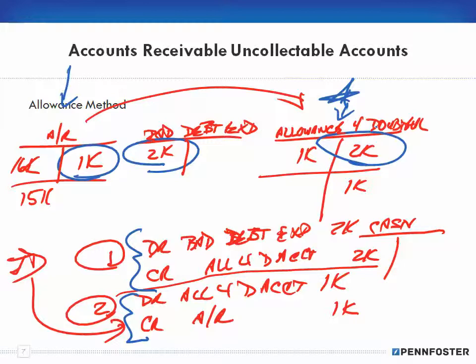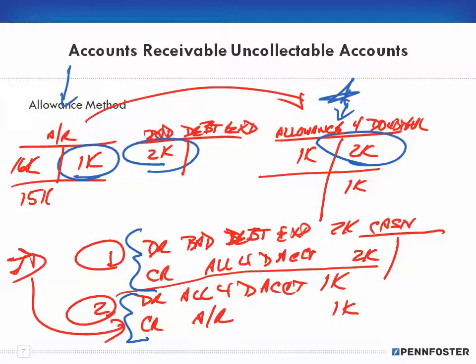But when you're talking about tens of thousands of customers, you can't be going through each and every individual account. So using the allowance method, it's more of a mechanical thing where I say I'm going to use the percentage method or the aging method, and these are the numbers I'm going to stand by, and you're always adjusting to whatever you determine is going to be that bad debt. So I hope you understood that.